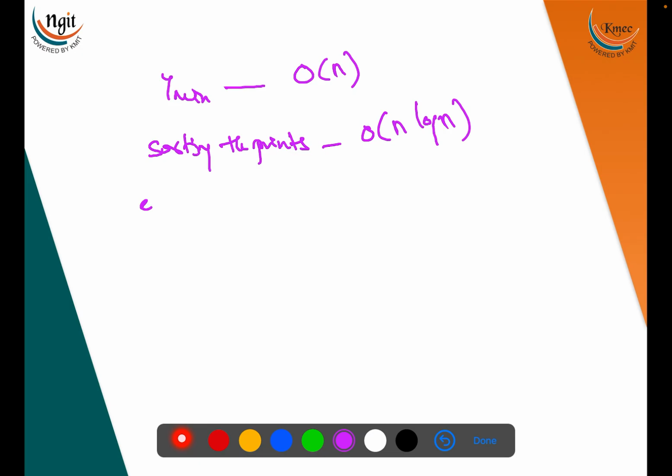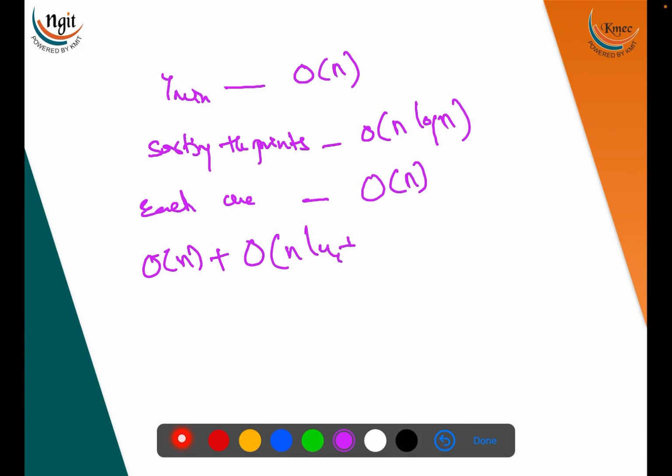For each point we do the same process, with a complexity of big O of n. Adding these complexities, big O of n log n plus big O of n, finally it becomes big O of n log n. So this is the complexity of the Graham-Scan algorithm to find the solution for the convex hull.